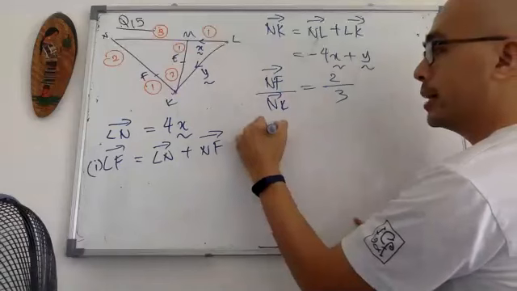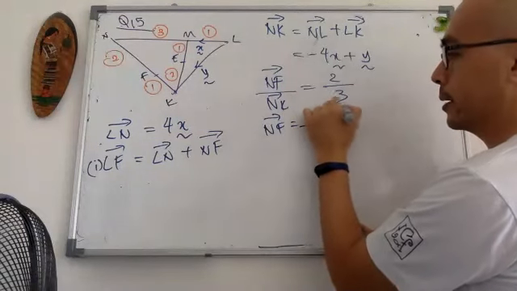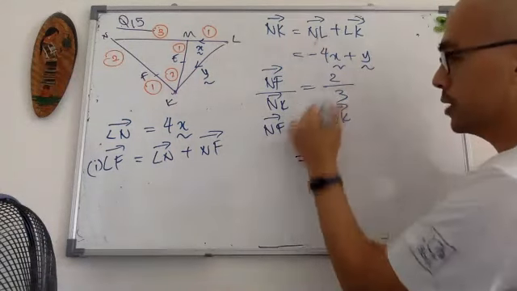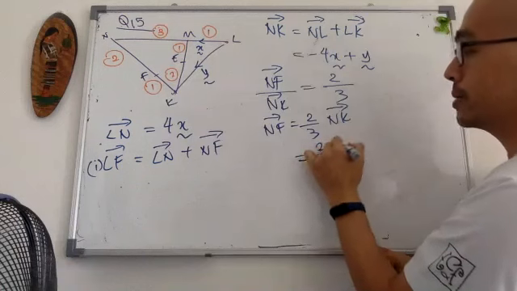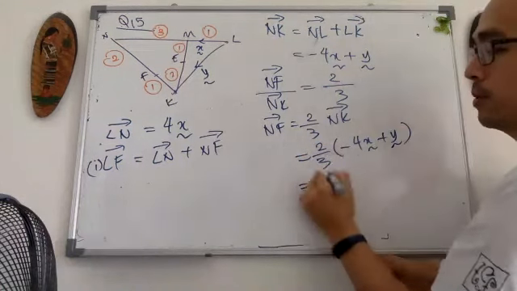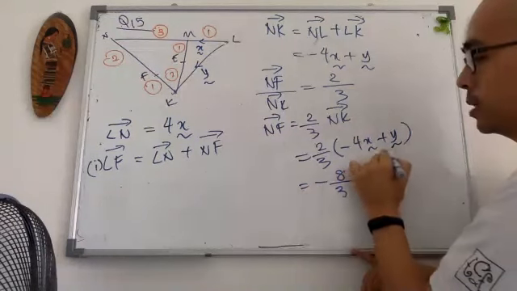So therefore, NF is 2 over 3 NK, which gives us 2 over 3 times negative 4x plus y. Simplify this: negative 8 over 3x plus 2 over 3y.